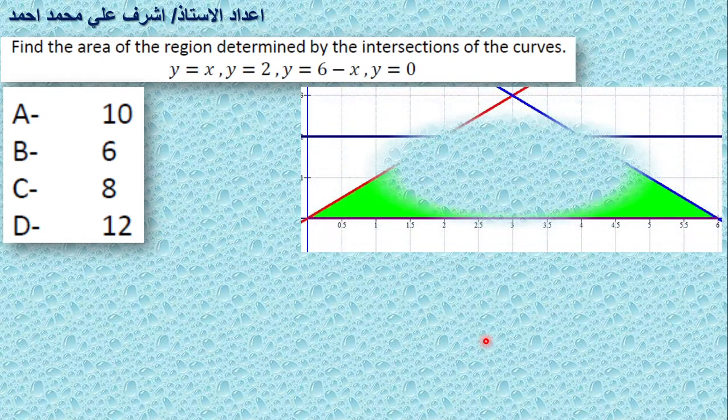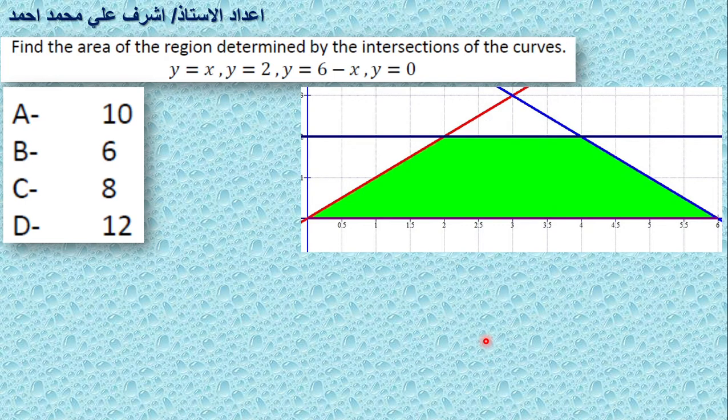So we have to sketch or graph y equals x, this red line, y equals 2, this horizontal line, y equals 6 minus x, this blue line, y equals 0, the x-axis. So this green area, this green area we will find its value.